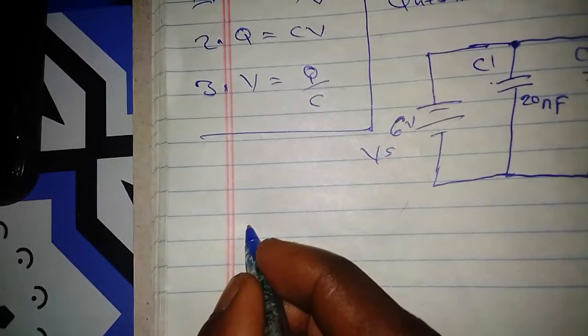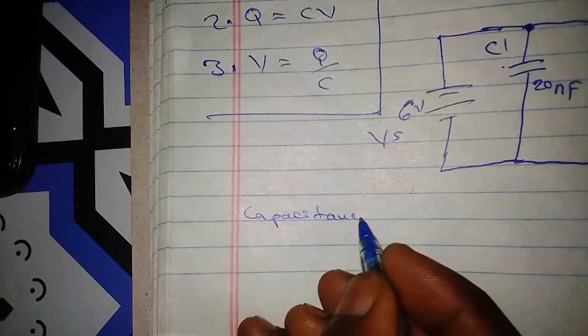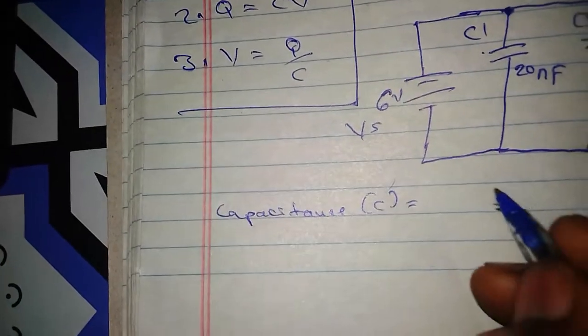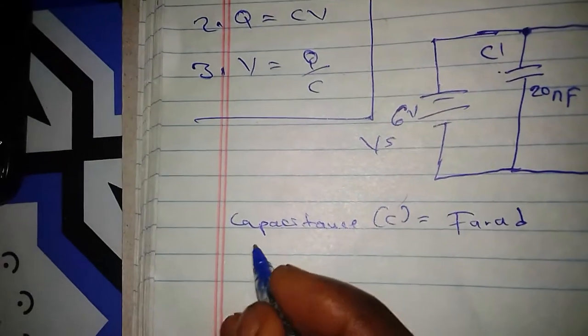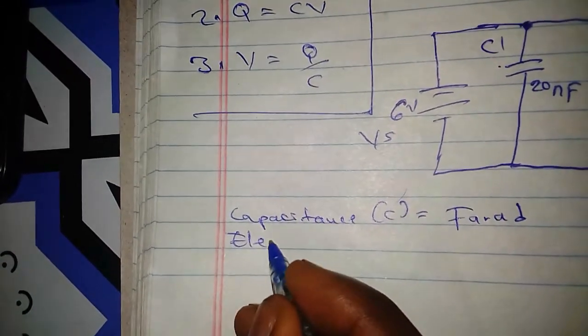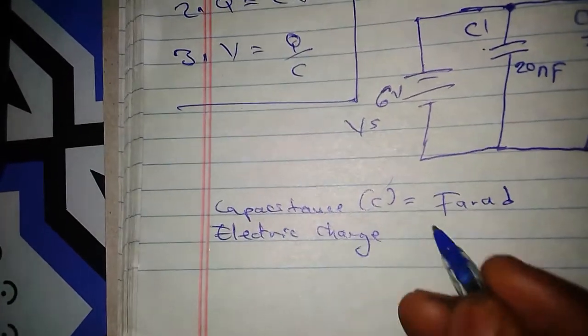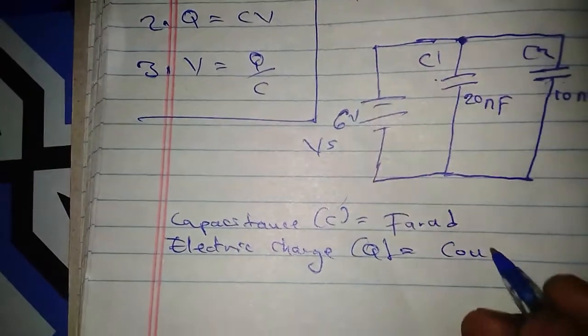Capacitance C is measured in farad. Electric charge Q is measured in coulombs.